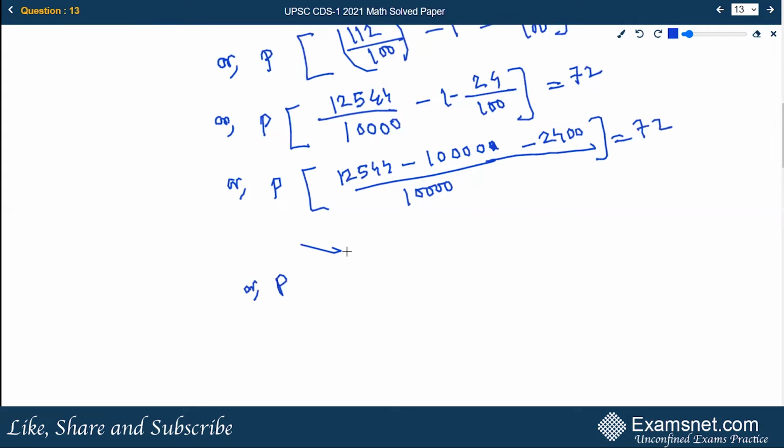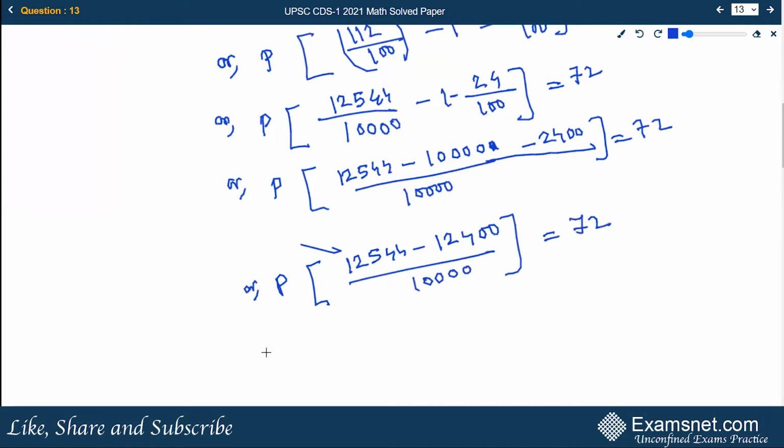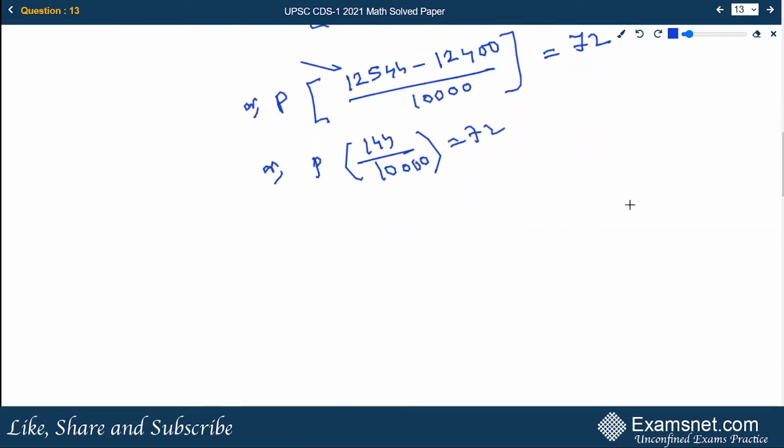Here, after doing all the calculations, I'm getting 12544 minus 12400 by 10,000. So it will be 144 by 10,000, equals 72.